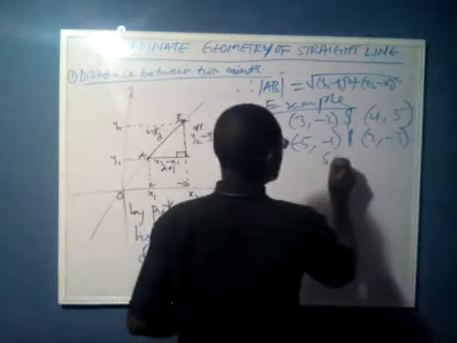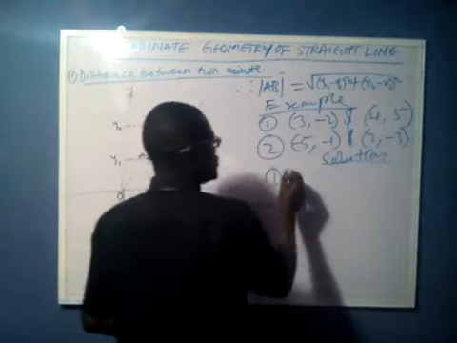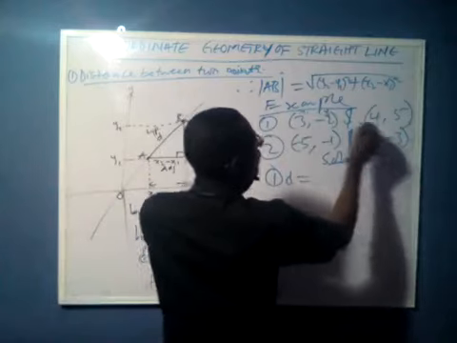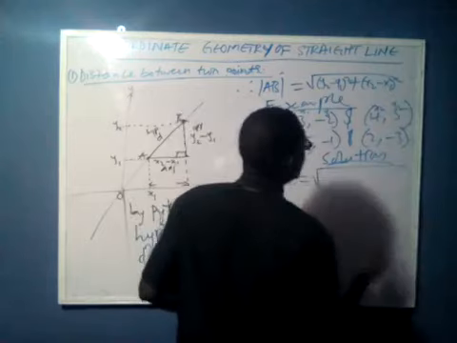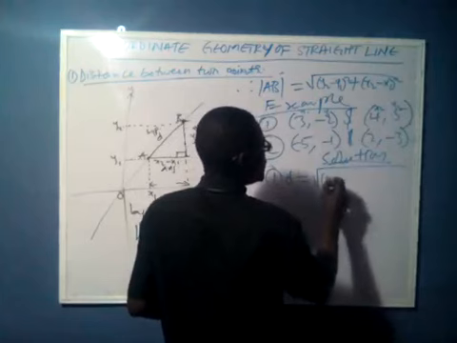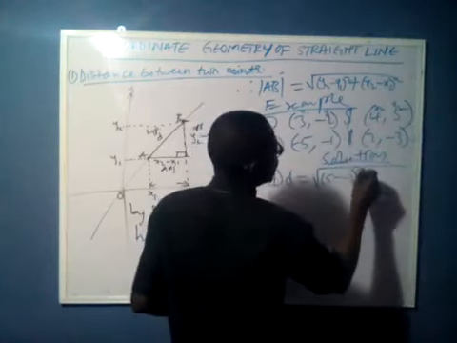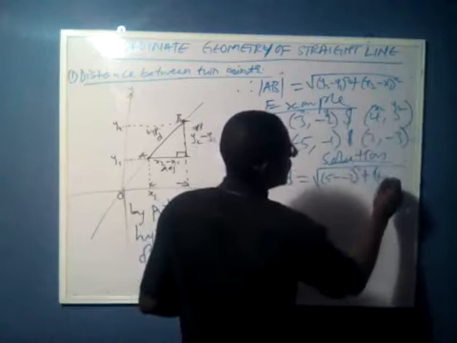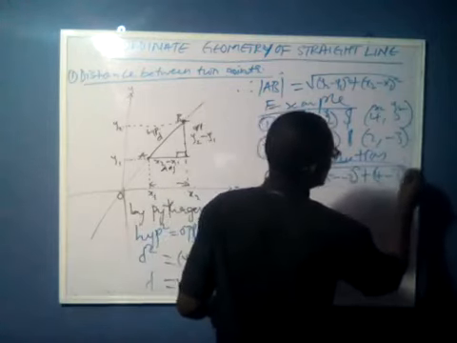So for the first one, the distance D, you can label this as x1, y1, and then x2, y2. So we have the square root of y2, which is 5, minus y1, which is -2, all squared, plus x2, which is 4, minus x1, which is 3, all squared.